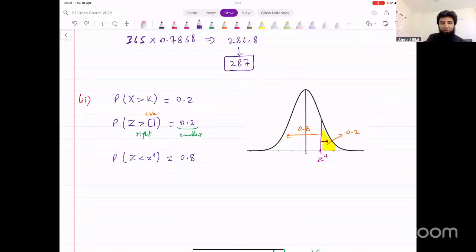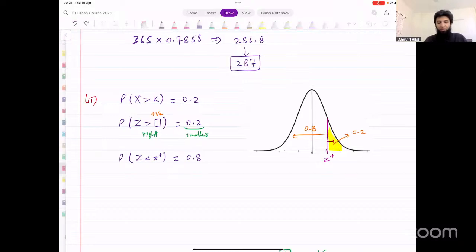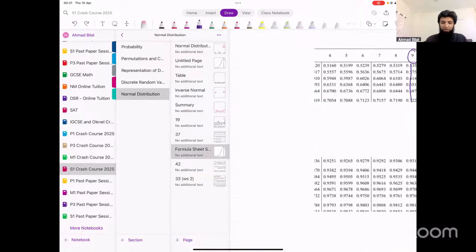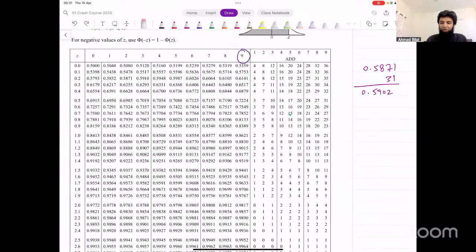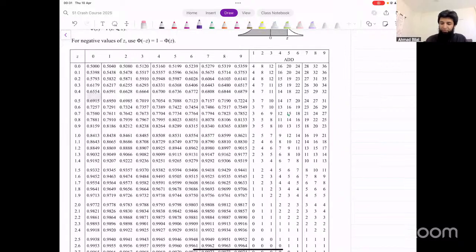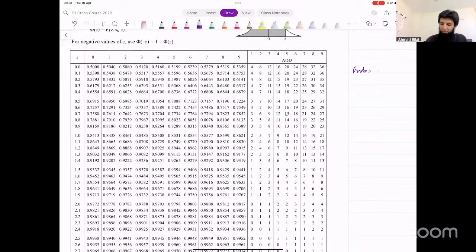This is something that we can find from the table now, because this is standard form, z less than a positive number. Go to the table, find the z value corresponding to this probability. 0.8 is the probability, remember. Find 0.8 probability here. 0.800, that's the probability, right?